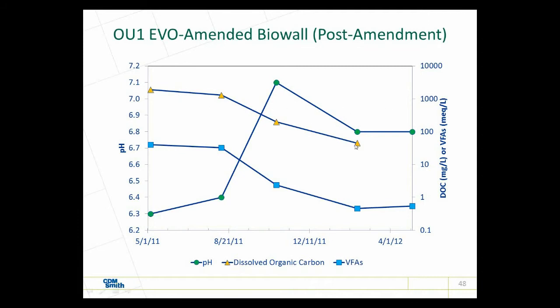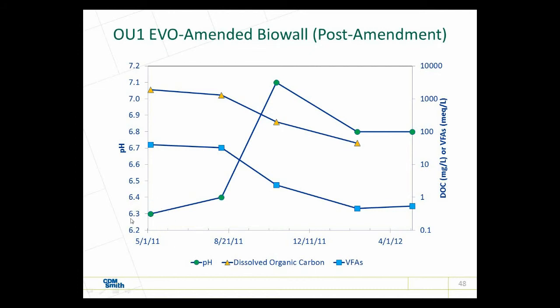Now that decreased over time, but initially it was very high. That also resulted in the formation of very high concentrations of volatile fatty acids, over 10 milliequivalents per liter. What did both of these things cause? pH to drop.